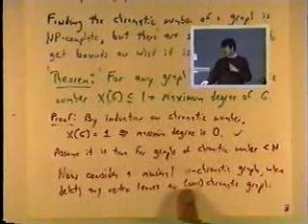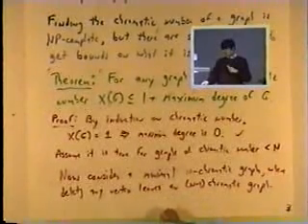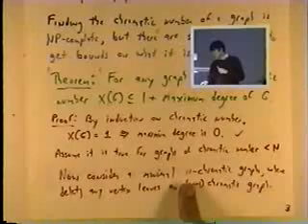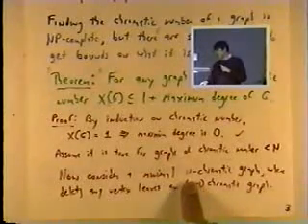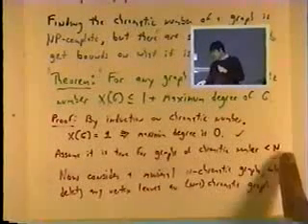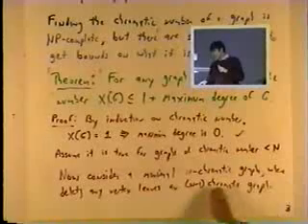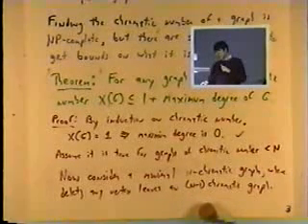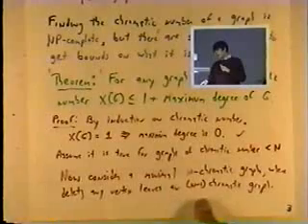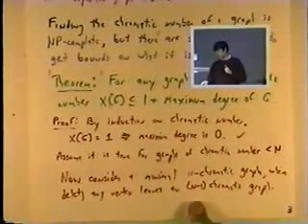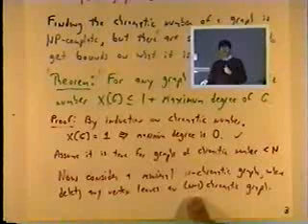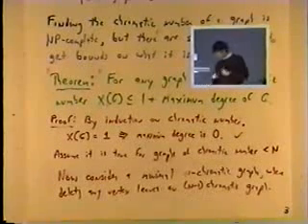Now let's think about the smallest n-chromatic graph, meaning something that requires n colors, but leaving out any vertex leaves an n minus 1 chromatic graph, a graph you can color with 1 less color.